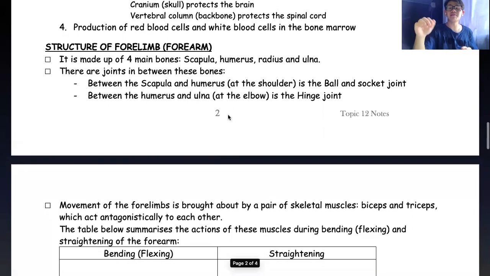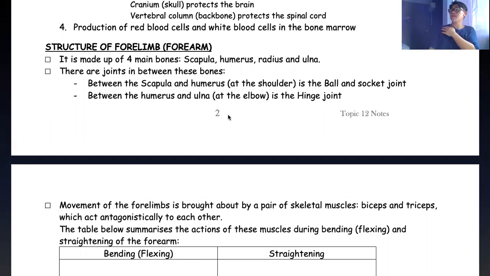And you can feel the type of movements that they allow, right? At the shoulder, you can feel that you can move much more freely. It's more or less a 360-degree movement. Actually, there are three planes that you can move in.